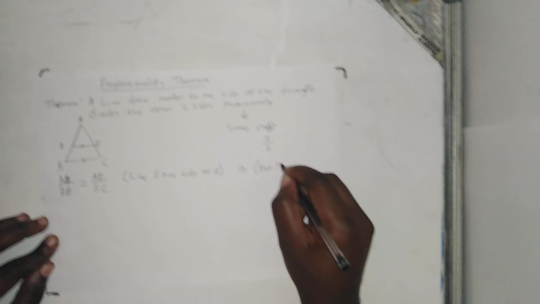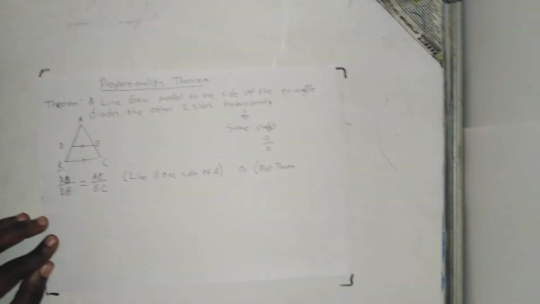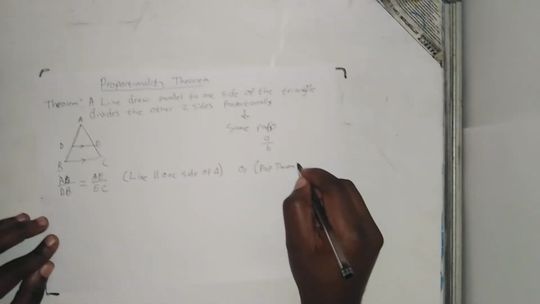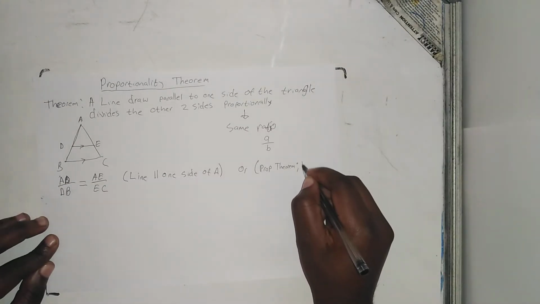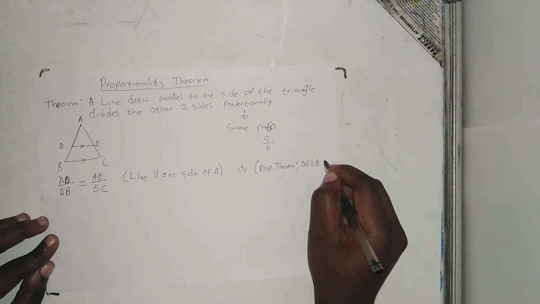But there is another way that you can also use. You can also say theorem, or if you want to use the full word, you can say proportionality theorem since DE is parallel to BC.